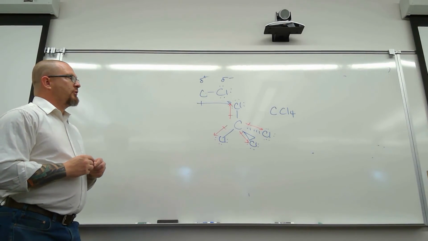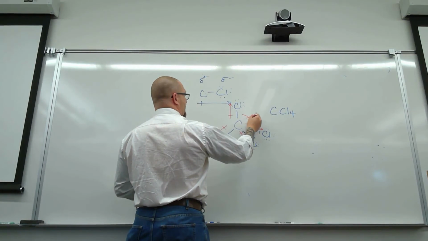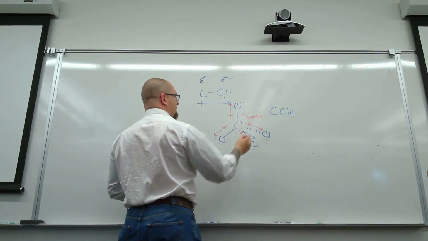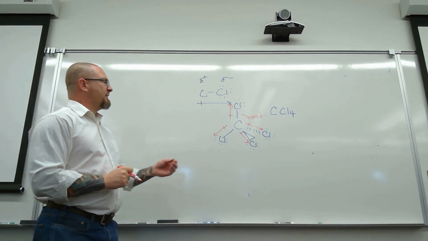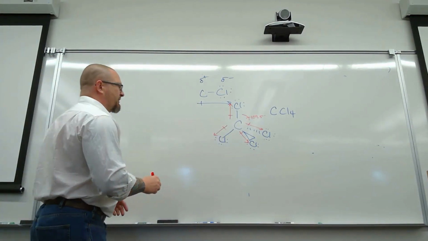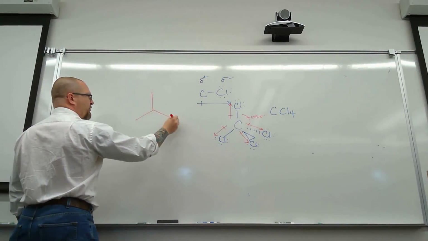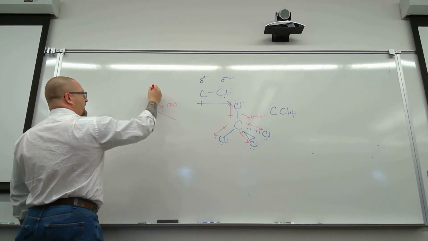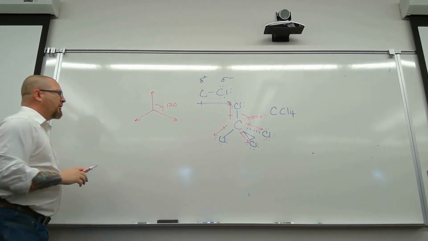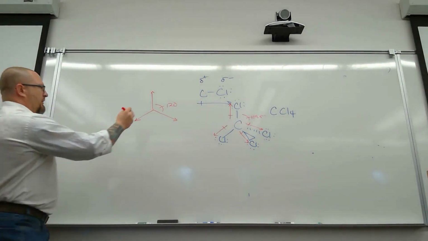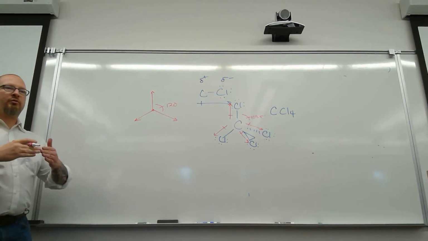Because all these bonds are equivalent and all the angles are 109.5 degrees, all of these cancel each other out. If you're playing tug of war, let's say this is a trigonal planar tug of war, and you were pulling with equal force in all directions, a locator in the middle at that joint wouldn't move.